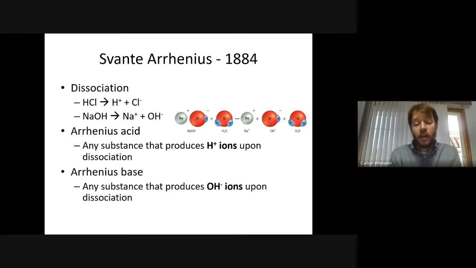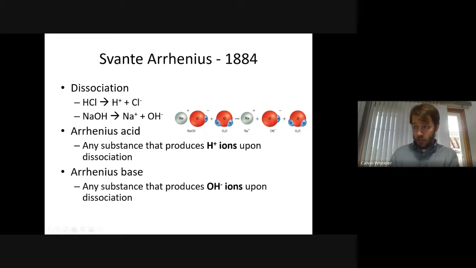He said, okay, if I put something in solution and I can test it and it tests positive for hydrogen ions, then it's an acid. So if you put something in solution, you dissolve it, it produces hydrogen ions, we have an acid. And then for the bases, he said, okay, well, if I put the base in solution and I test it, it tests for hydroxide. So bases produce hydroxide when they dissolve.